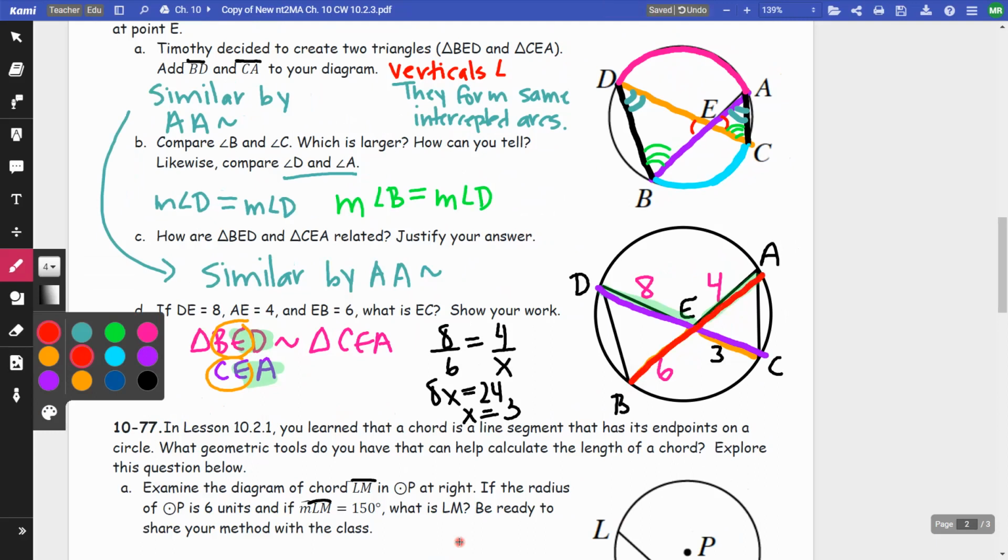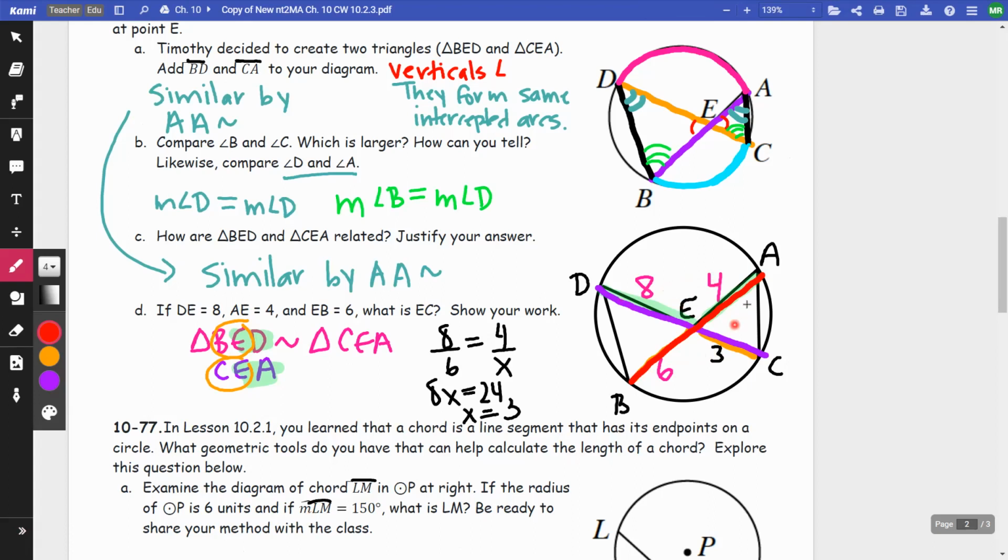I'm not concerned with the 11 and the 10. What I'm concerned with is the amounts that I got in the segments. So what you'll notice here is here we have 8 and 3. Here we have 6 and 4. There's a relationship between 8 and 3 and 6 and 4. 8 times 3 is 24. 6 times 4 is 24.